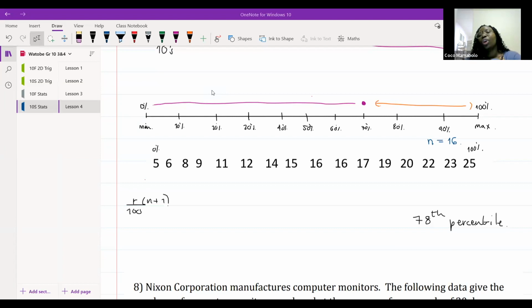Okay, good. You got 13,26. Now, I want you to go look for the number in between the 13th and the 14th number.